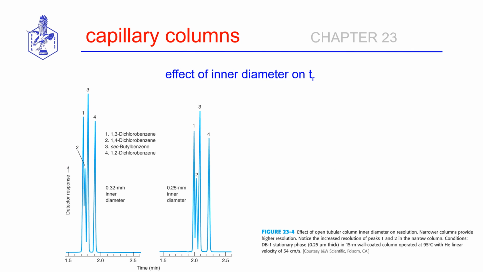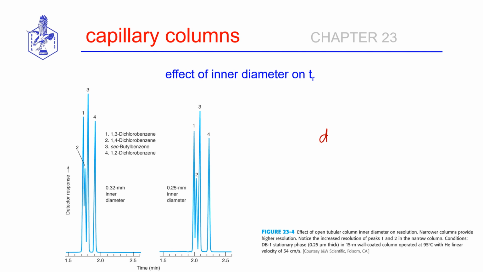Another parameter you must select for your capillary column is the inner diameter. One might want to consider the impact on a separation in selecting that inner diameter. As we've mentioned before, the inner diameter of the column relates to the resolution.